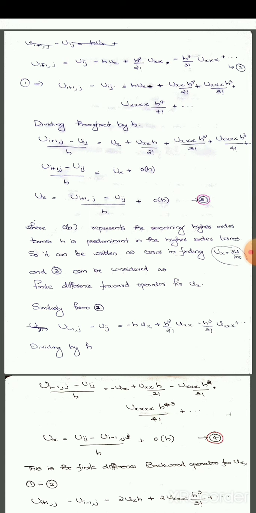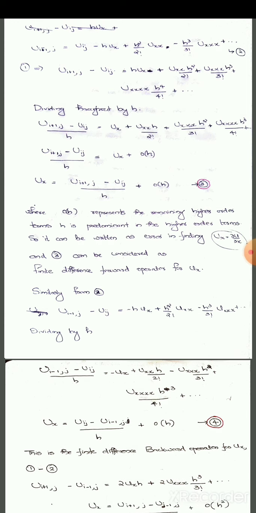So ux can be said to be the finite forward difference operator, and the OH terms are the error terms in finding ux.